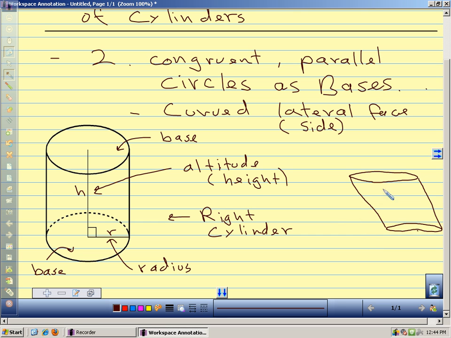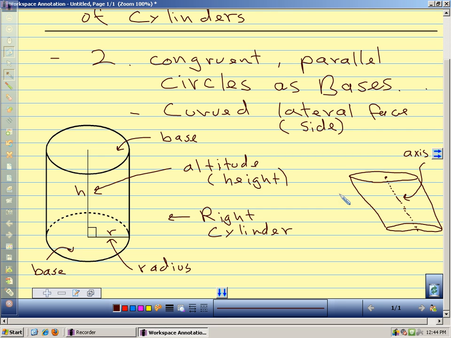It's just tilted. If we connect the center of our two bases, we call that the axis. On the right cylinder, the axis and the altitude are the same. On this cylinder, the segment that connects the center of the bases is the axis.